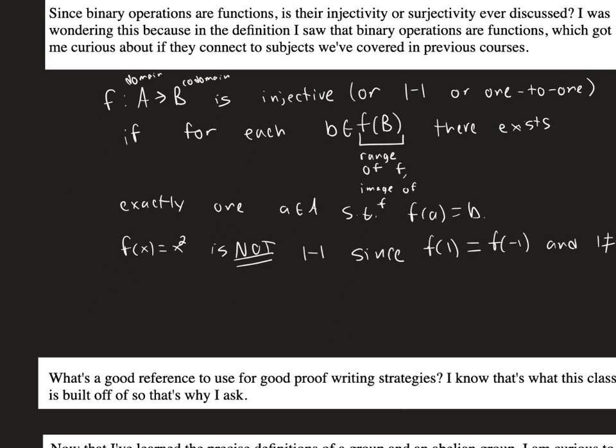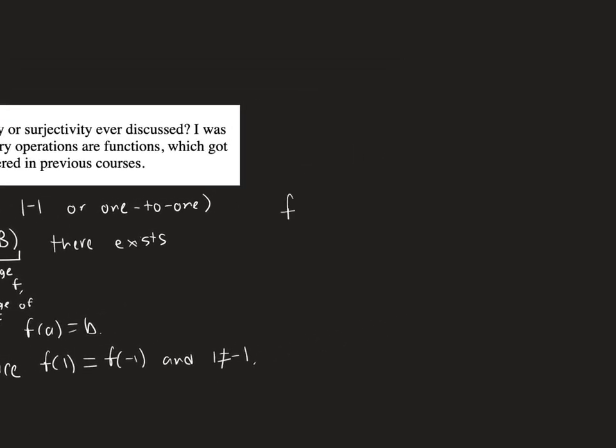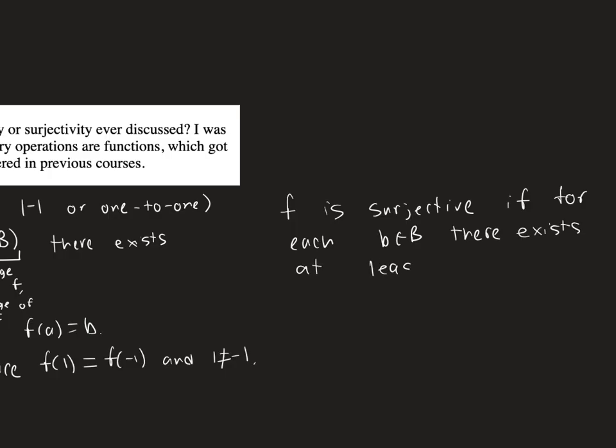And then surjective. F is surjective if for each B in B there exists at least one A in A such that F of A equals B. So now surjective is saying something about the codomain.